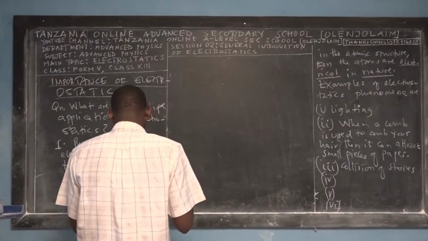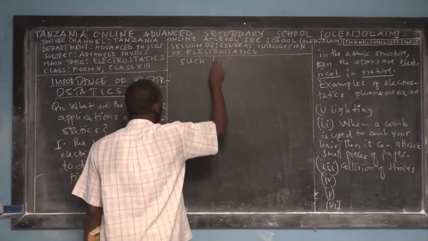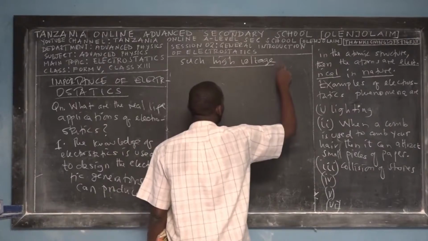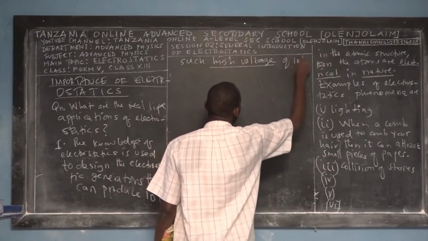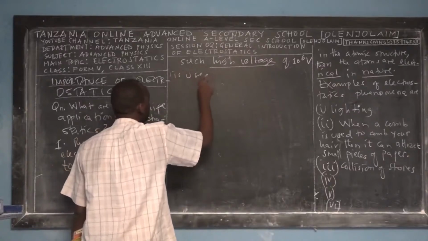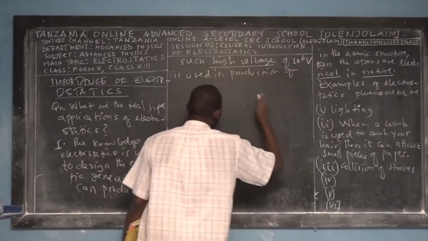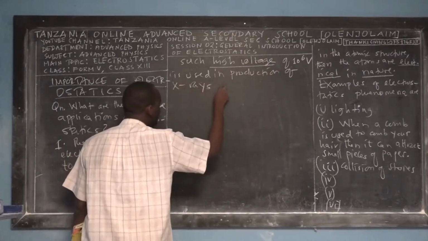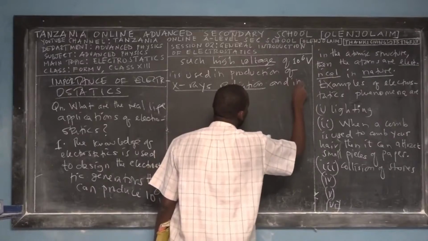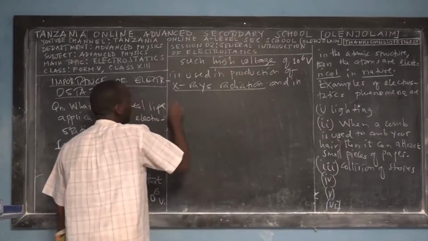Such high voltage, of 10 power 6 volts, is used in the production of X-ray radiation, and also in nuclear bombardment.